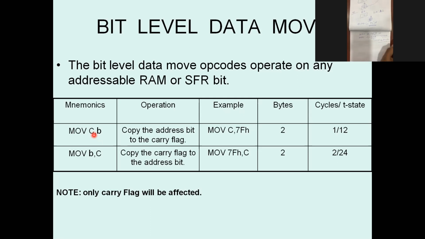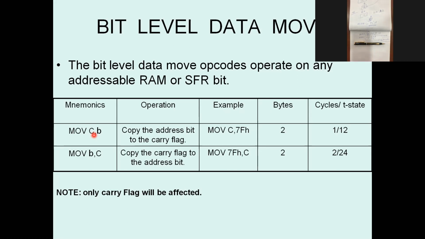How will the microcontroller understand whether it is a byte address or a bit address? It depends on this operand. The accumulator is an 8-bit register, so it will be treated as a byte address. The carry flag is only a single bit, so then it will be treated as a bit address.